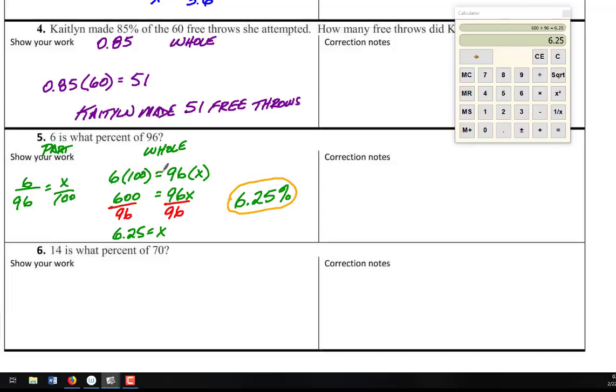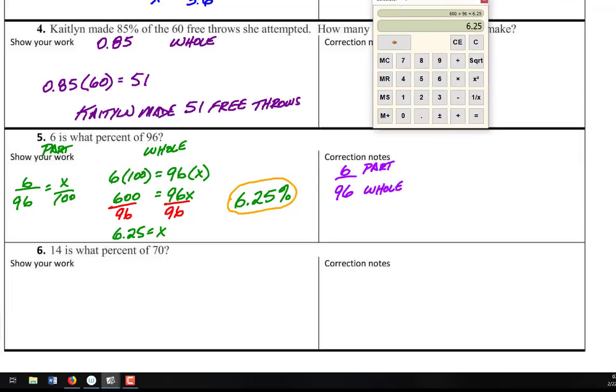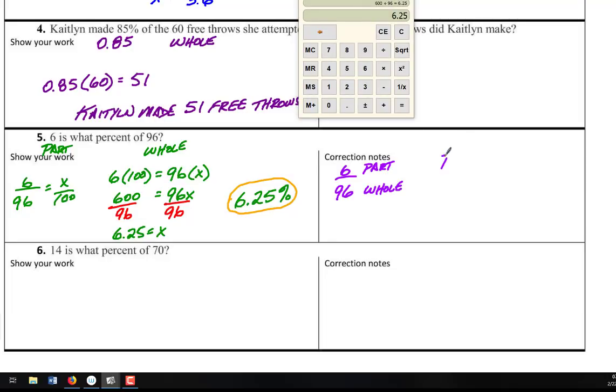All right. Now, remember I said there are a couple ways to do it. So here's another way. I'm going to use the correction notes section to do this. You'll be able to have it available to make whatever notes you want. The other way to do it, when we see the 6 to 96, the part to the whole, another strategy for solving this is to do the part divided by the whole.